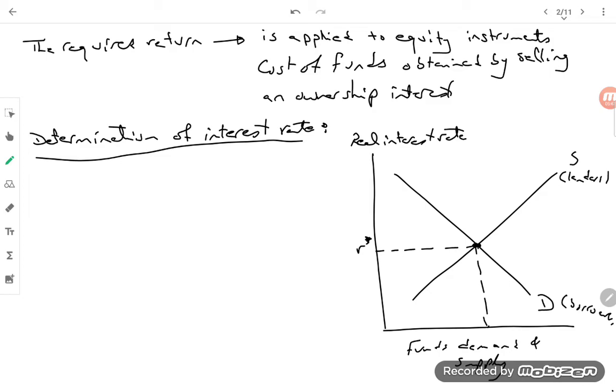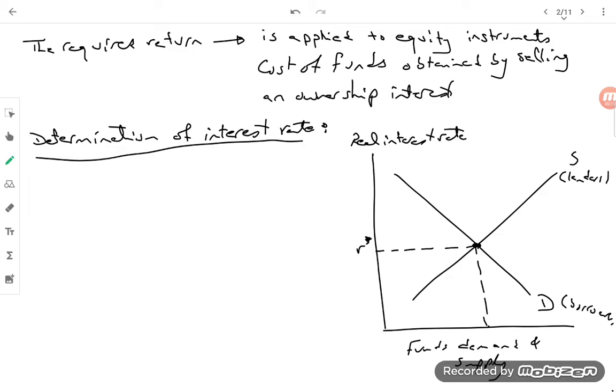So it is determined based on demand and supply forces. Just like any commodity, the demand curve is negatively sloped, as there is a negative relationship between the price of a commodity and the quantity demanded of this commodity. The price of funds is the interest rate, so there is a negative relationship between the interest rate and the borrowed amount of money. So this is the demand side.